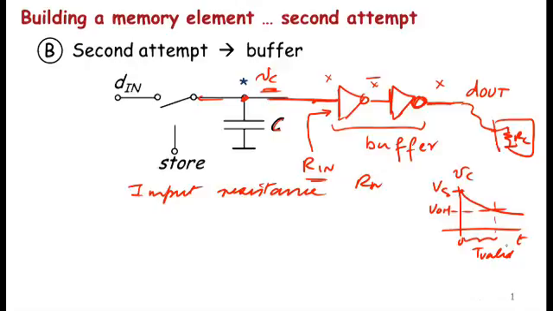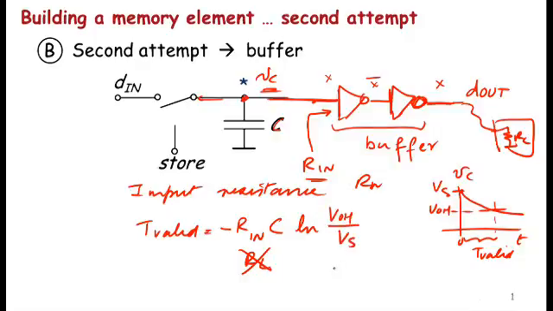We just computed it earlier, just that the time constant is different now. T valid was given by the time constant, in this case Rn C, not RL any longer, times natural log of VOH divided by Vs. This may be 5 volts as an example.